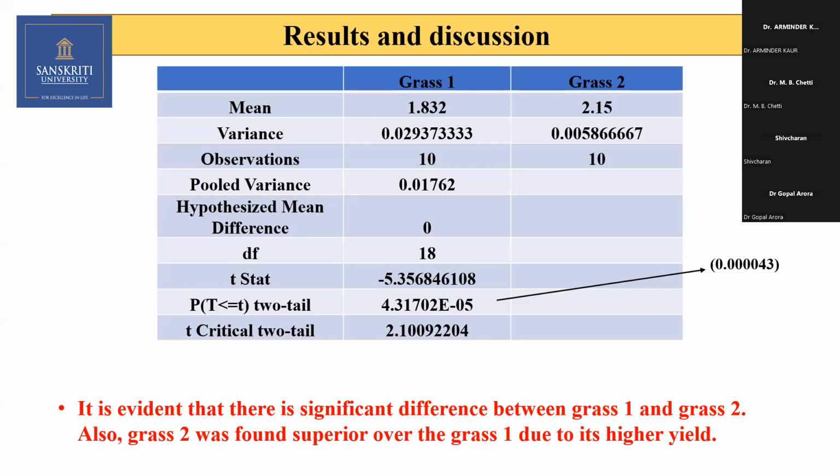The calculated t statistic in this case is minus 5.35. It is nothing but 1.832 minus 2.15 divided by the pooled standard deviation.